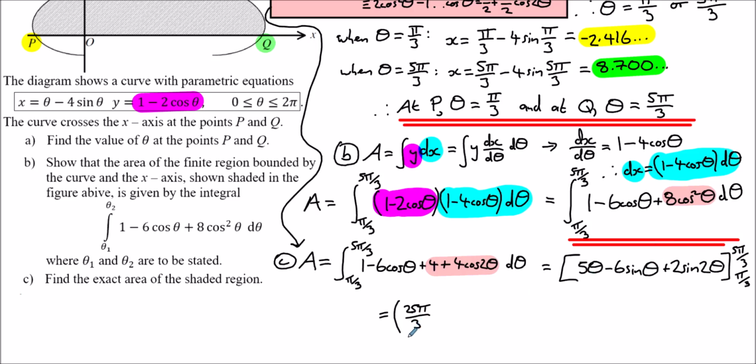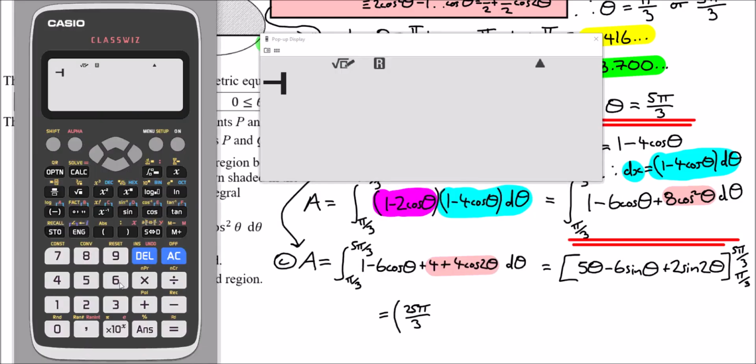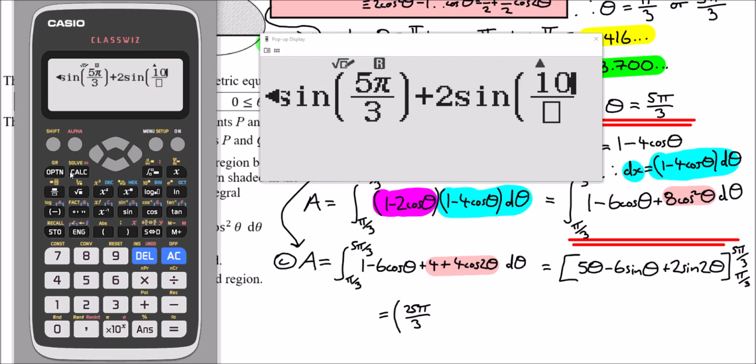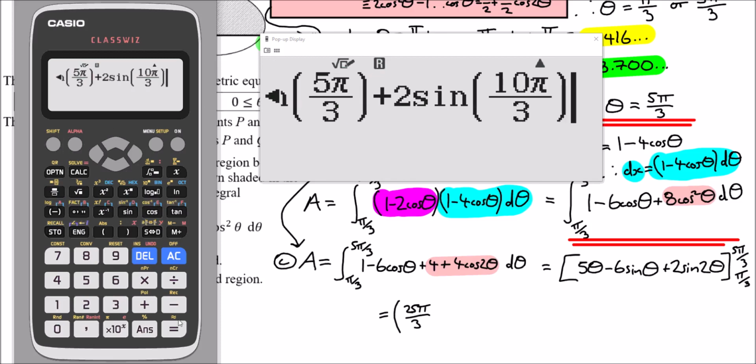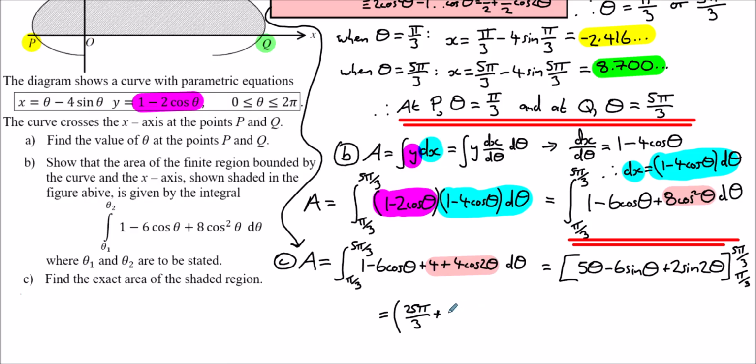So again, if in doubt, let's just work this one out on the calculator: minus 6 sine theta, where theta this time is 5 pi over 3, and plus 2 lots of sine 2 theta, so that's going to be 10 pi over 3. That gives us 2 root 3 overall. So I get 25 pi over 3 plus 2 root 3.